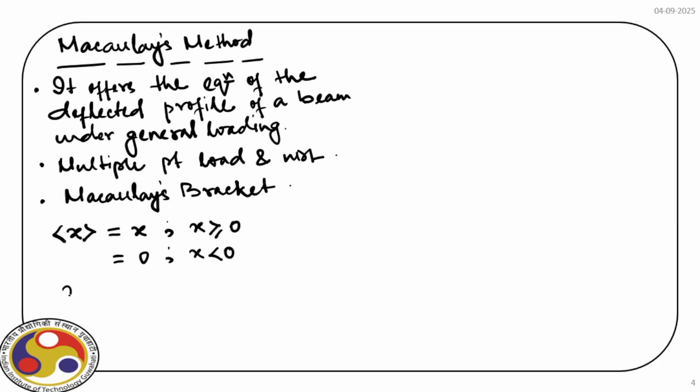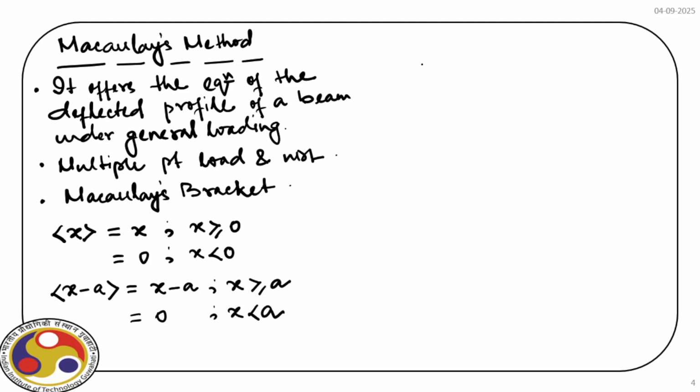Similarly, if we have x minus a within Macaulay bracket, then its value is x minus a when x is greater than equal to a, and it is equal to 0 if x is less than a.